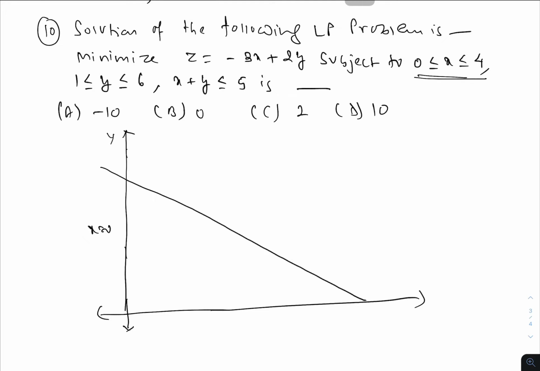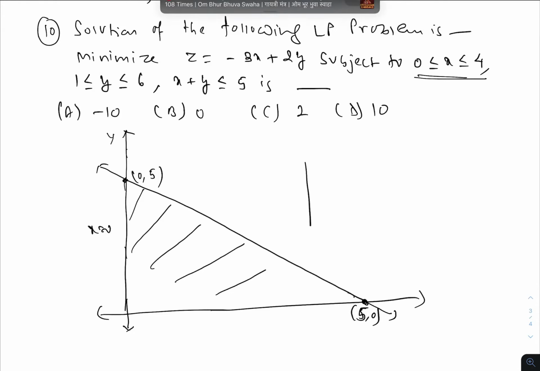So suppose this is x plus y less than or equal to 5. It must be the points 0, 5 and 5, 0. So this is 5, this is also 5.